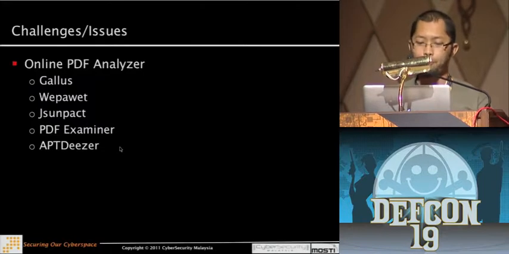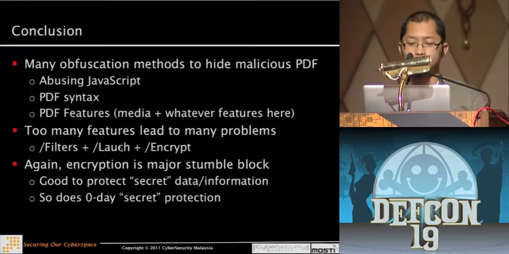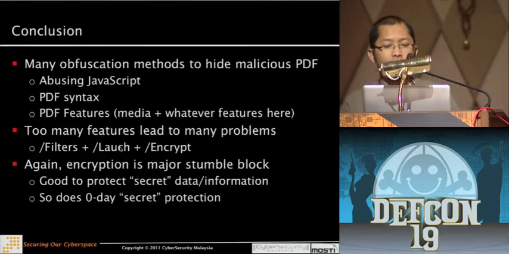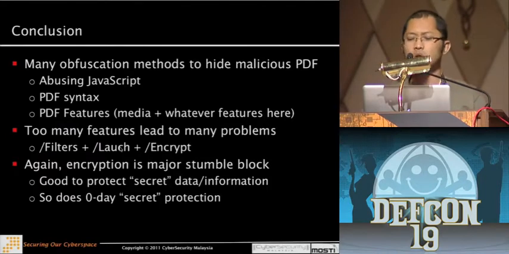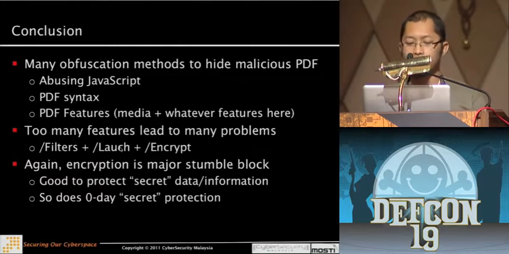So it's very tricky. The conclusion I can draw from my presentation today is that there are many obfuscation methods to hide a malicious PDF. You can do it with JavaScript, with PDF syntax, or by abusing some features. And the features also lead to many problems. Like /Filter, which gives you independence to do some encoding, and /Launch to launch whatever command you want.